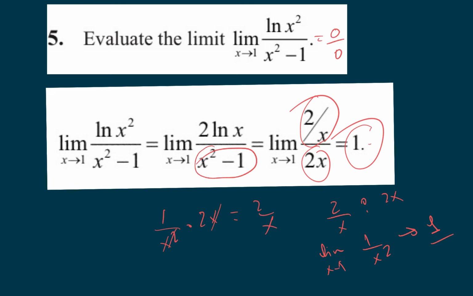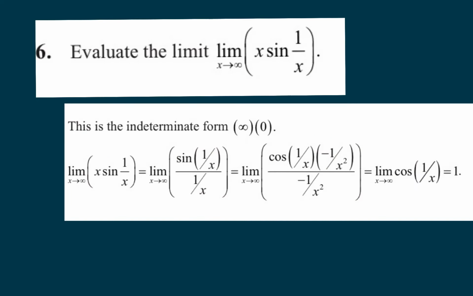Let's go to the next one. The next one says, evaluate the limit when x goes to infinity of x sine of 1 divided by x. When x approaches infinity, the x approaches infinity.